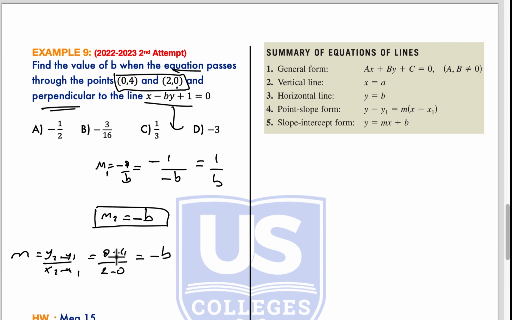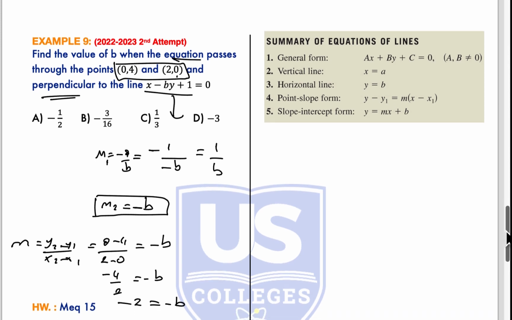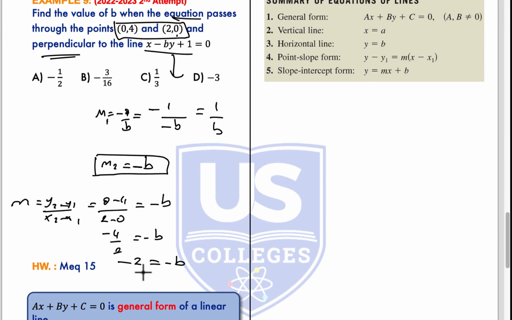Let's simplify this part. Negative 4 at the top, 2 at the bottom. What is negative 4 over 2? It is negative 2. Negative 2 equals negative b. Cancel out negatives. b is equal to 2.